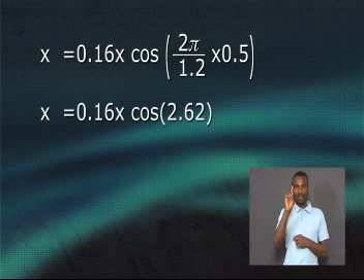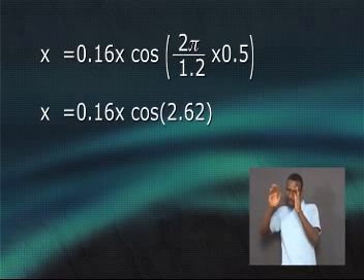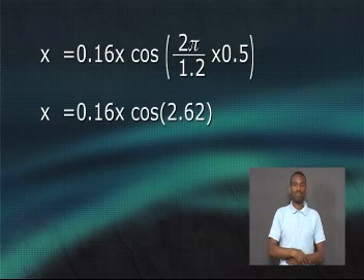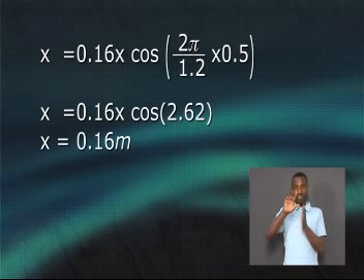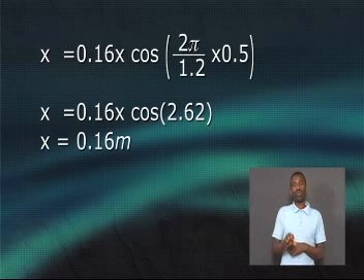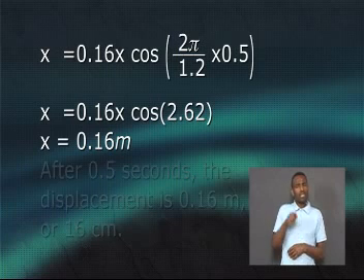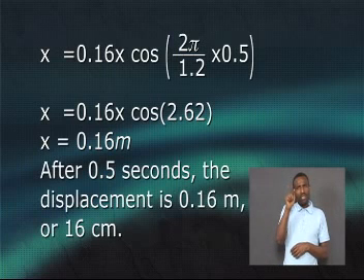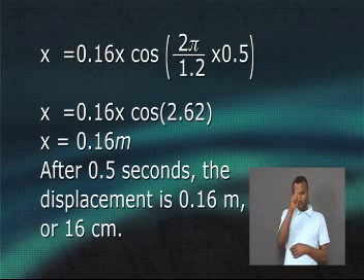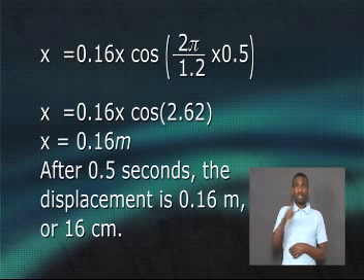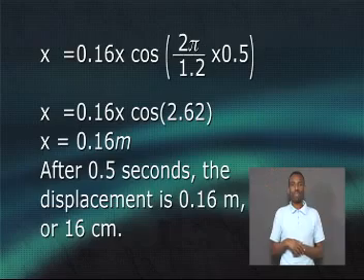This gives us 0.16 times the cosine of 2.62. After 0.5 seconds, the displacement is 0.16 meters. Did you notice that your answer is the same as the amplitude, students? This seems logical because after half of 1 second, the object will have been displaced by half of the cycle.